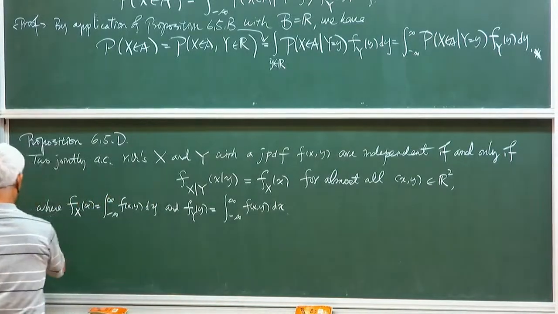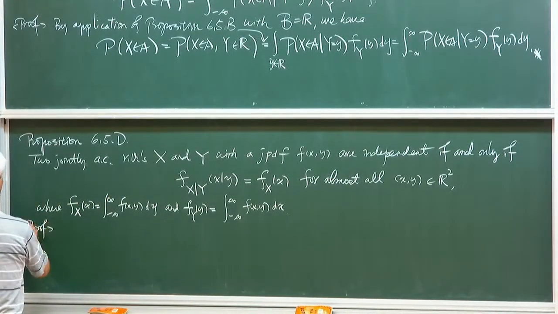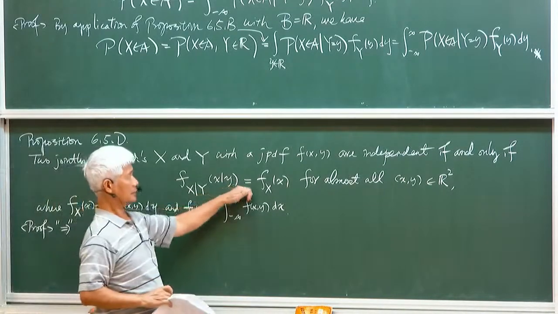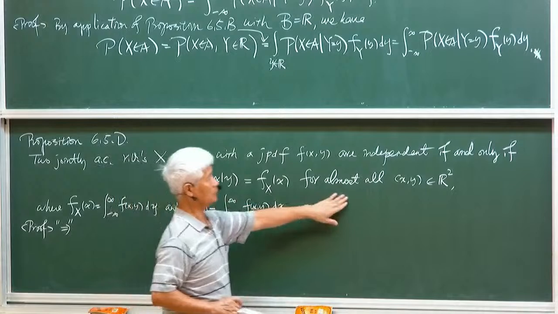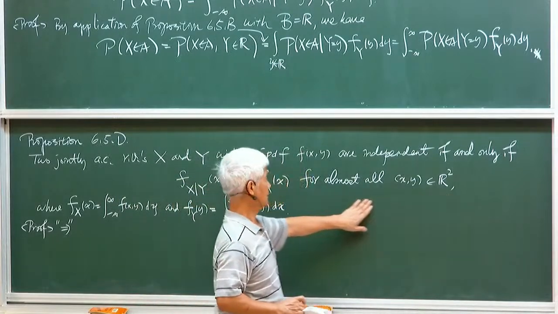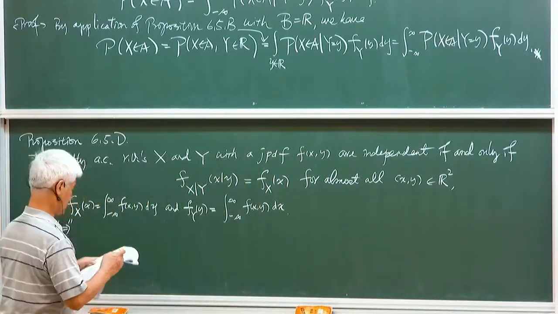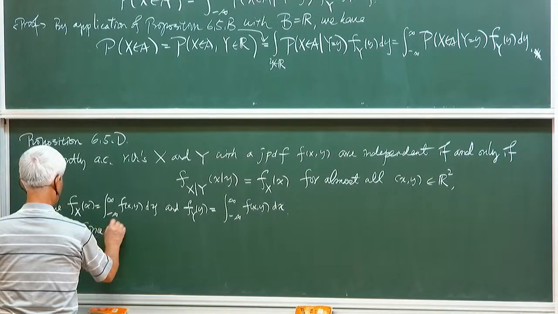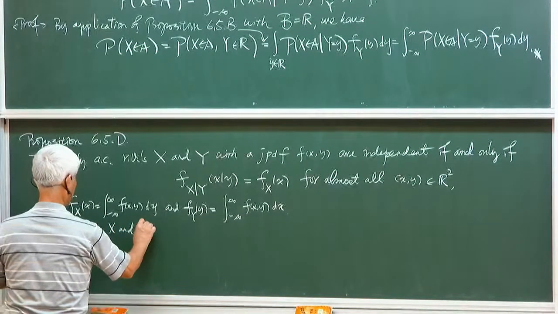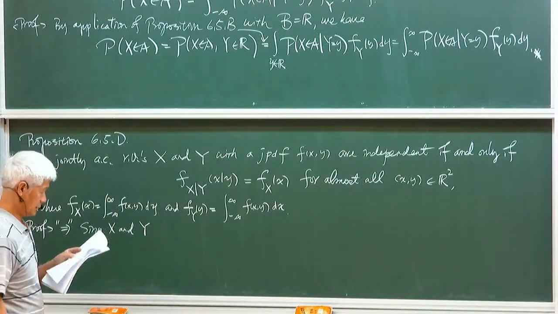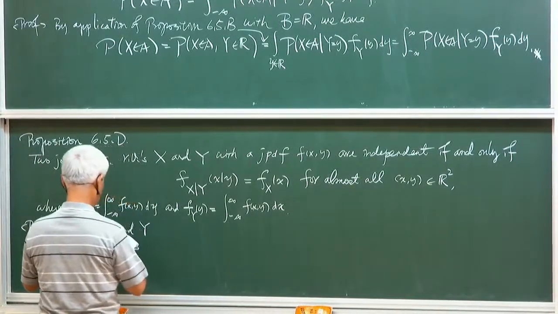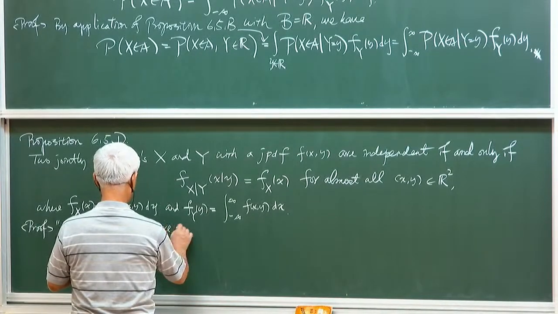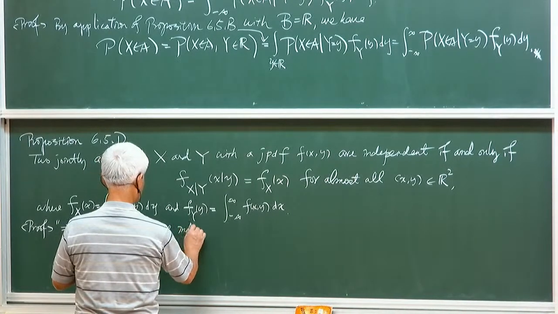All right, so the proof. We see that this identity for almost all points xy in R square is a necessary condition. So now we use a proposition in section 6.2, since X and Y are independent.